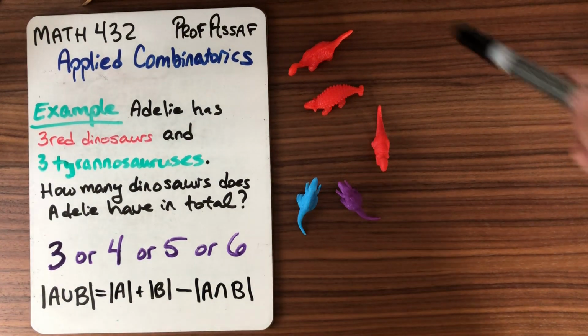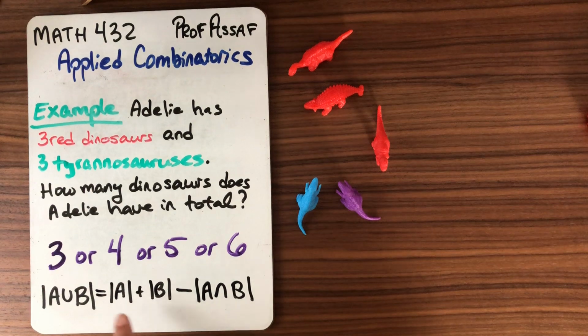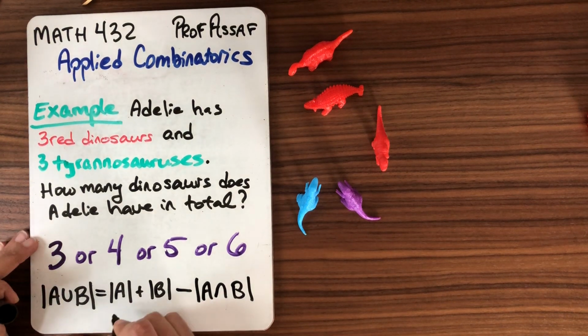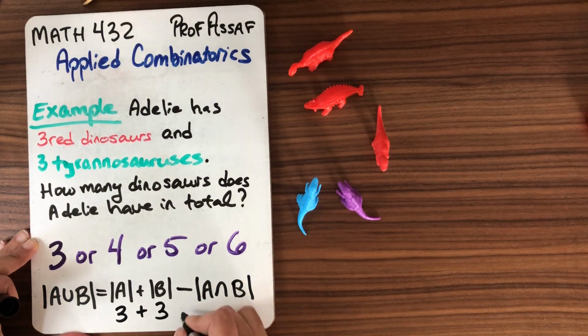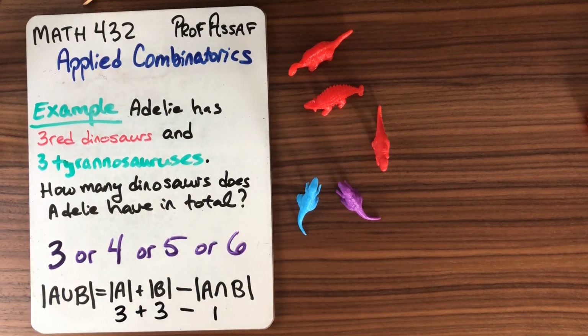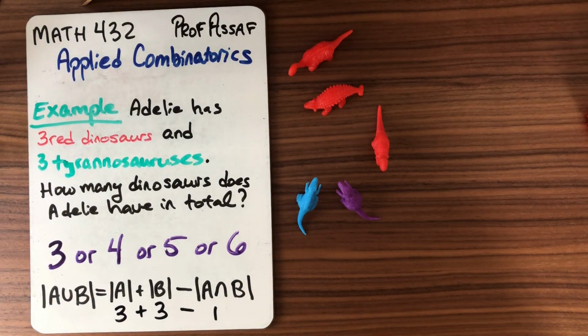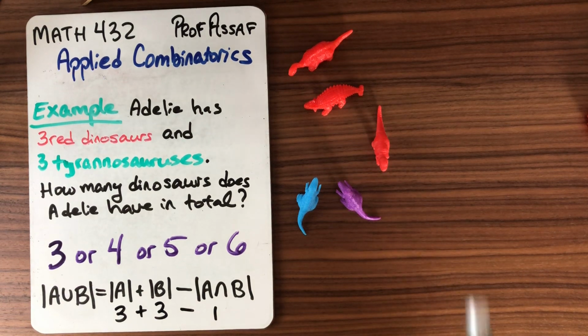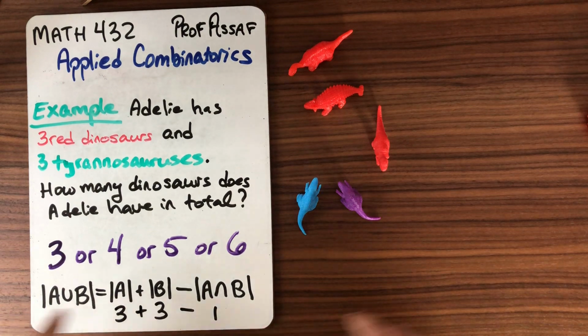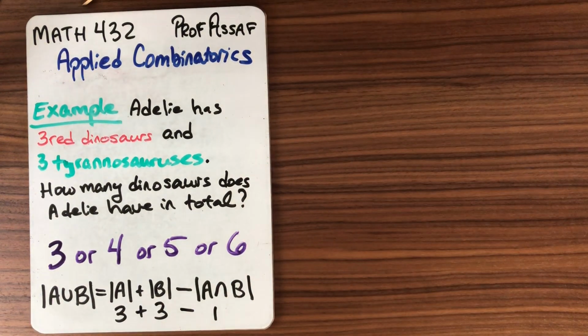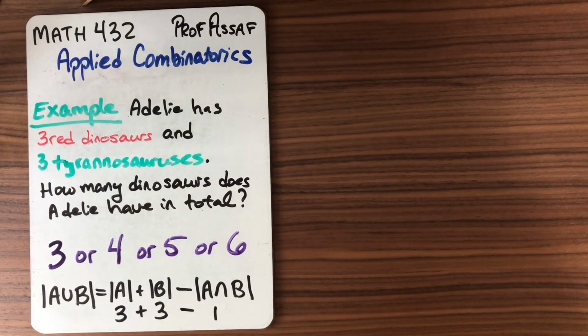So in this setup, she would count 3 for the red dinosaurs, plus 3 for the T-Rexes, minus 1 for the red T-Rex, and you would see that she indeed has 5 dinosaurs total. This is the basic property that's incredibly powerful, and it's called inclusion-exclusion.